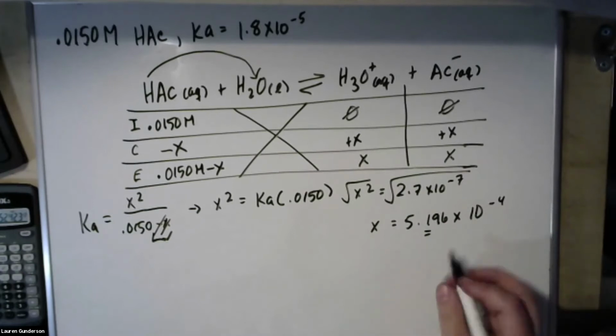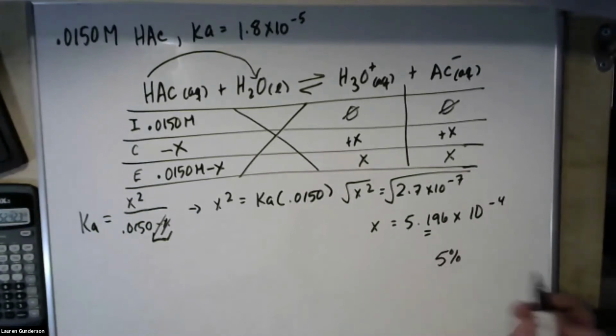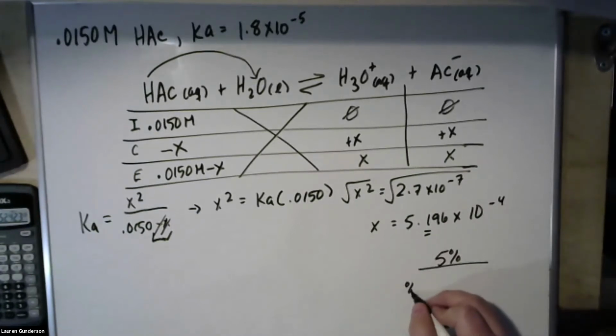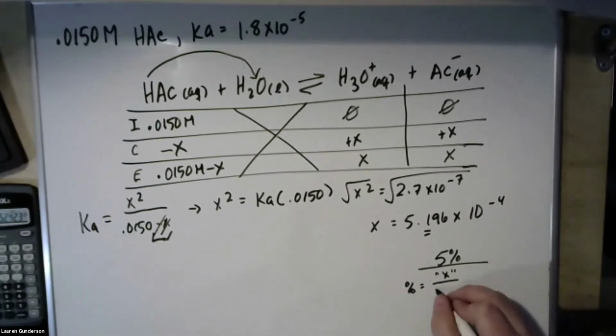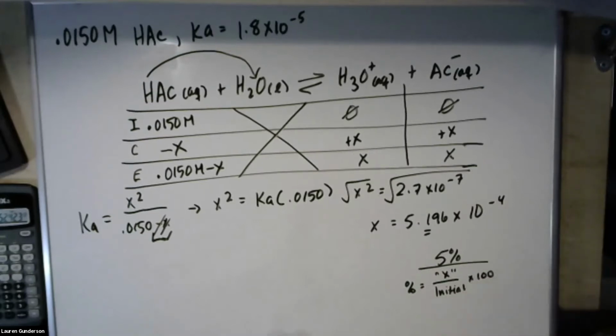Okay, so now I'm going to do my 5% check, where I take my X value divided by my initial concentration times 100.